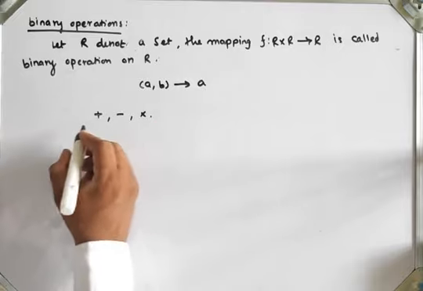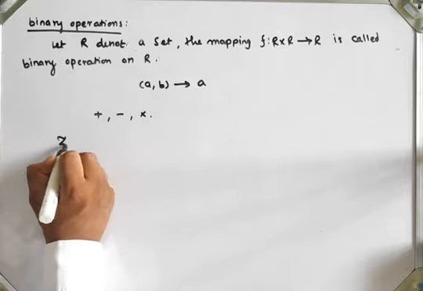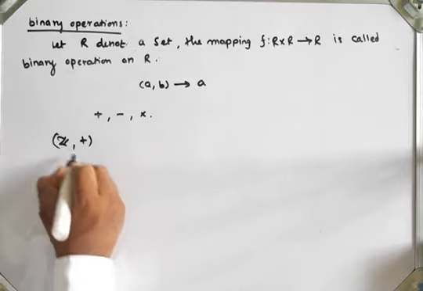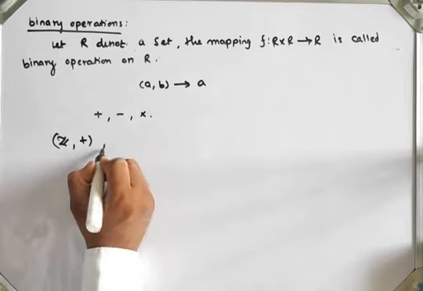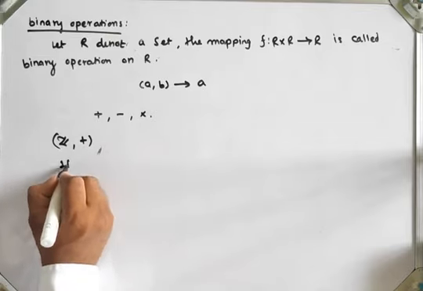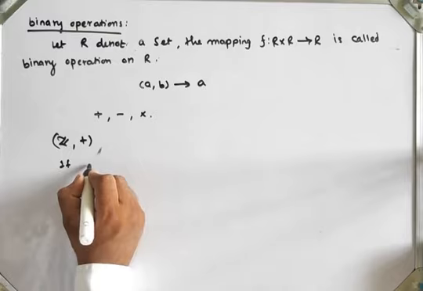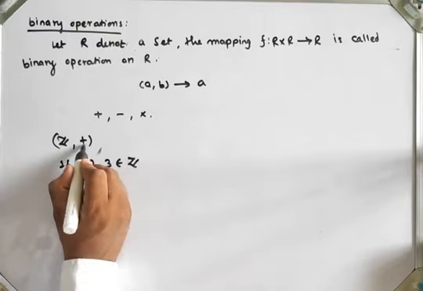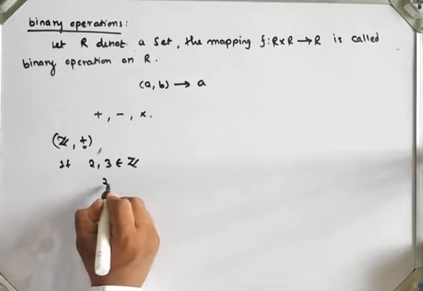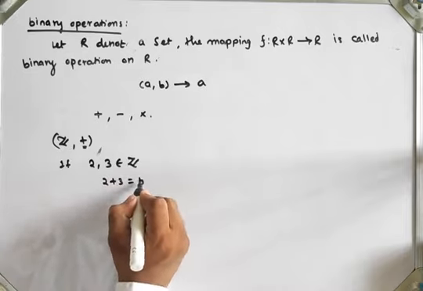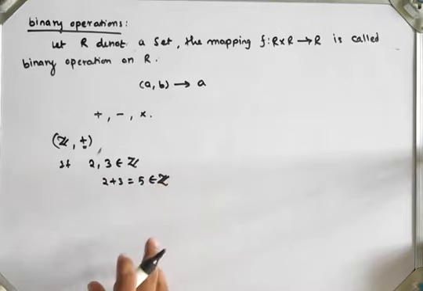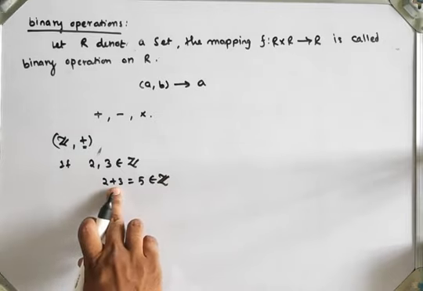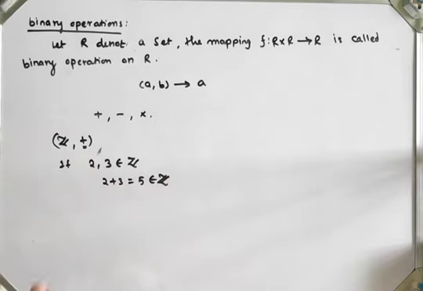Suppose I have taken set Z and the operation addition. If I take 2 elements, 2 and 3, which belong to the set of integers, and I have the operation addition, then 2 plus 3 is 5, which again belongs to the set of integers. So we say that addition is a binary operation on the set of integers.